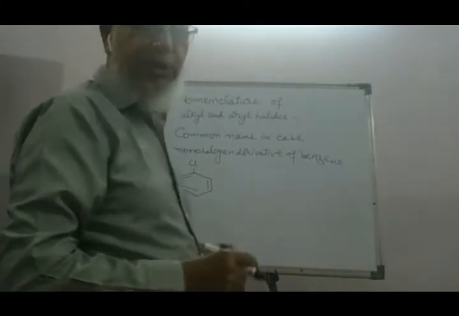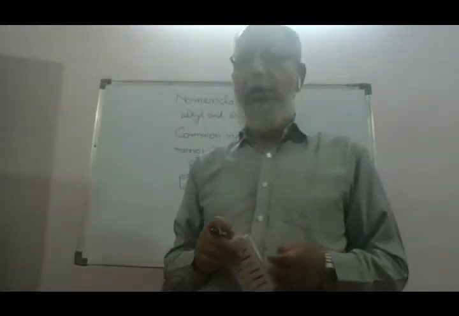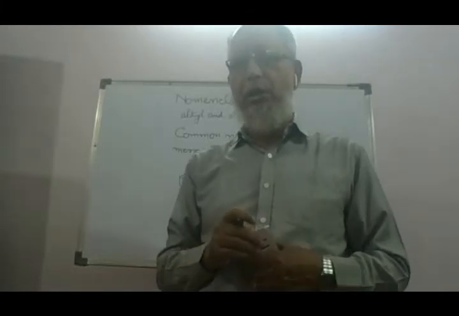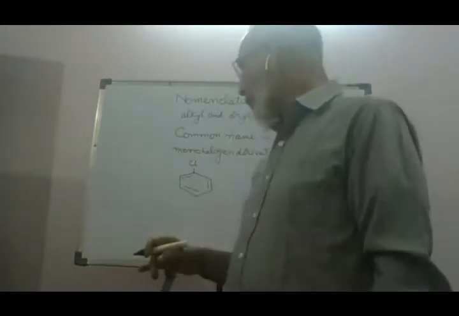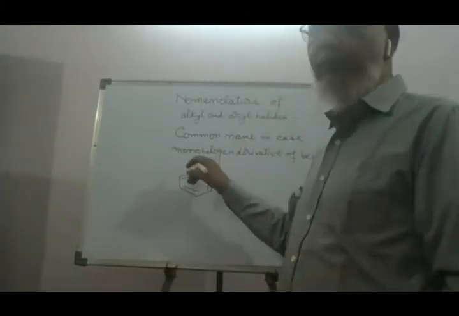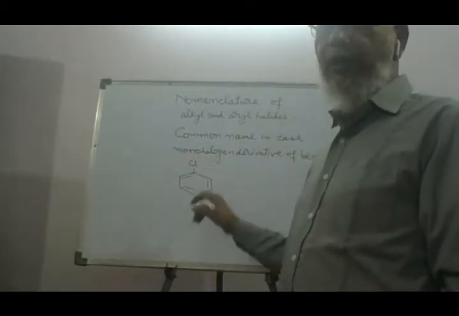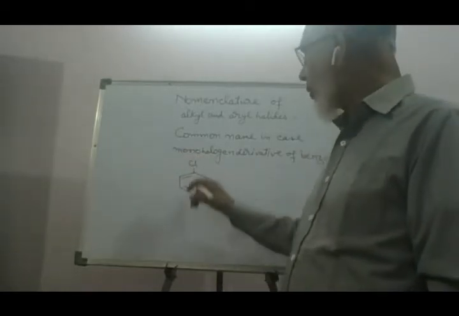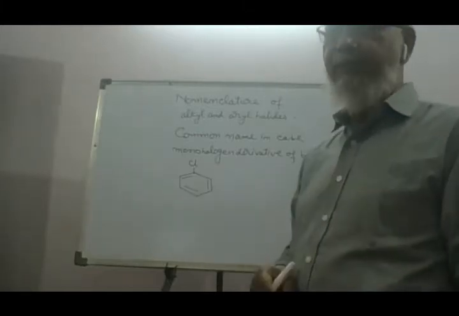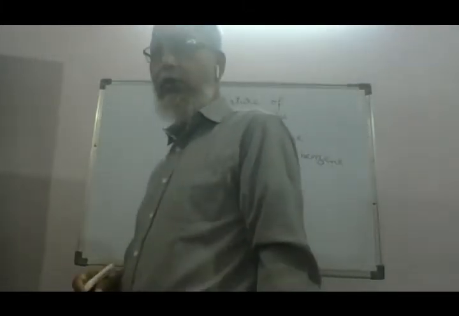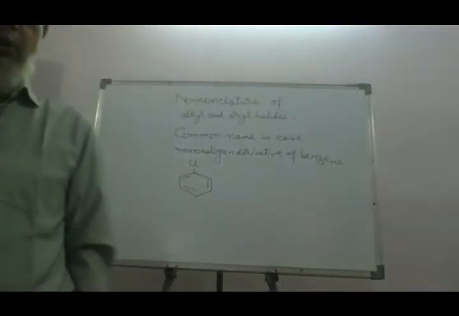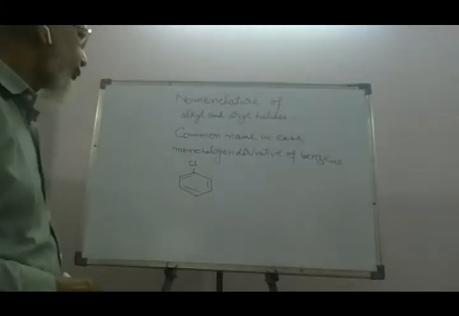There are 6 corners in the benzene and all these 6 corners are equivalent, and therefore you can substitute any group at any one of the corners, the name will remain the same. Now consider this aryl halide. It contains a chloro group attached with the benzene nucleus.